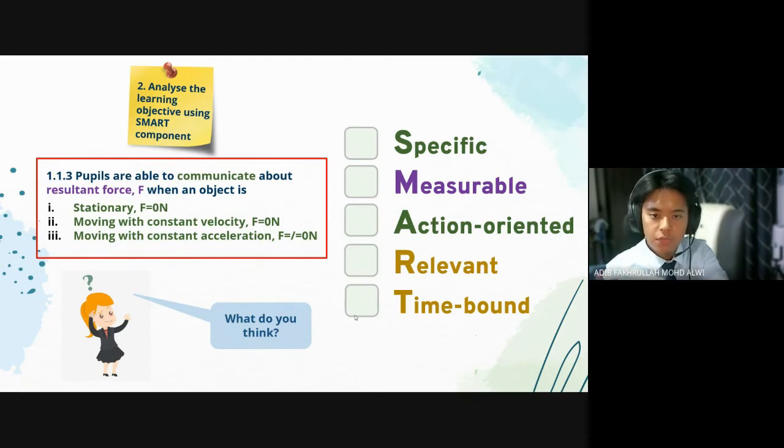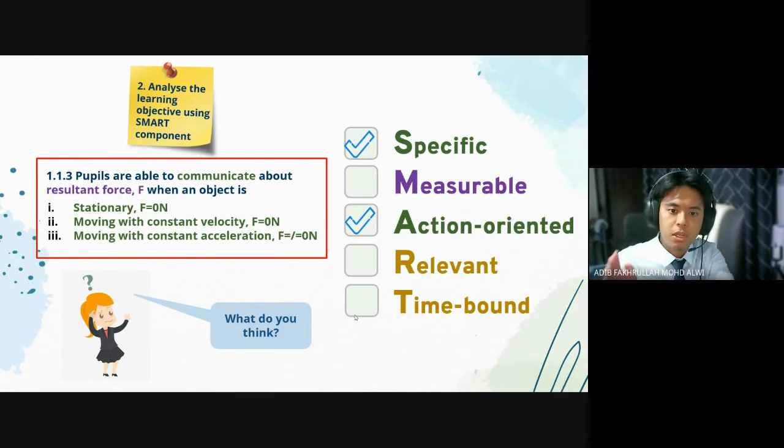Is it specific or not? We need to check the action verb used. It has action verb, which is communicate. So it is action oriented. So it is specific. Yes, it is specific because the student are clearly stated what they need to do to communicate. And then is it measurable?